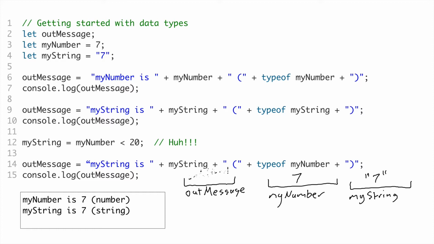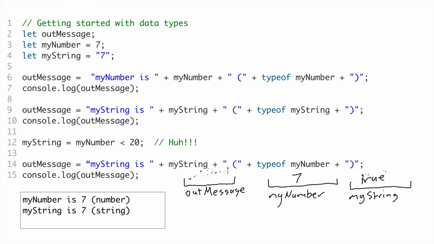So what happens here? Well, we calculate that this value is true, and we store that value into the variable myString. So instead of myString having the value 7 here, it now has true.